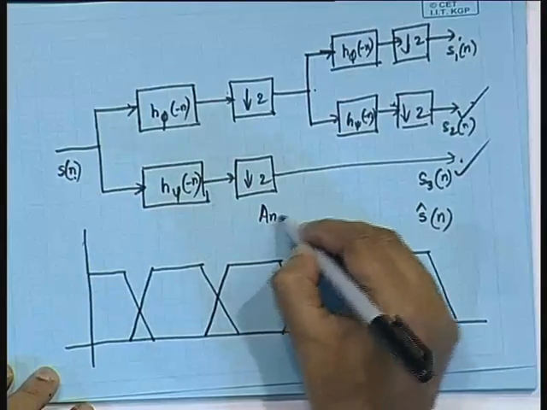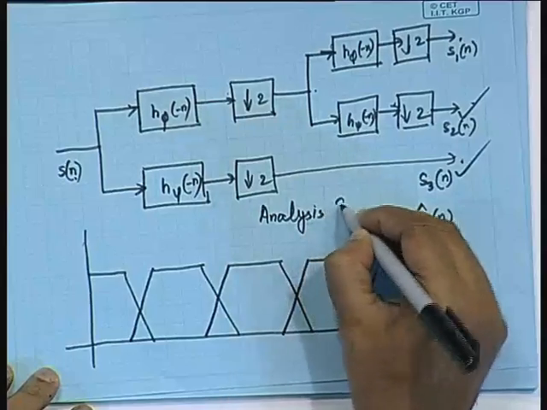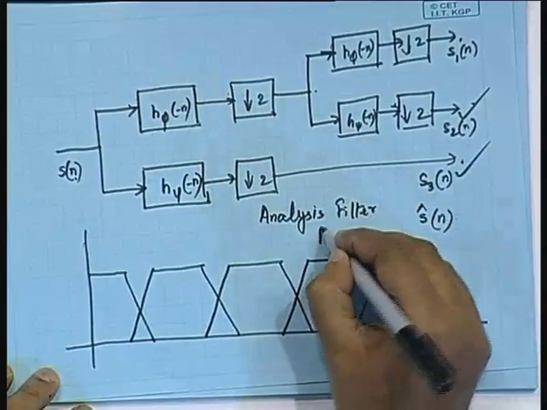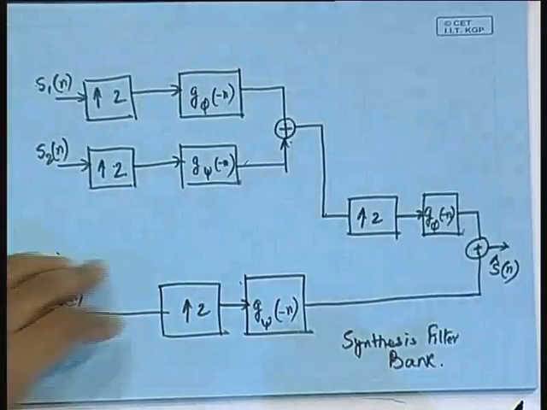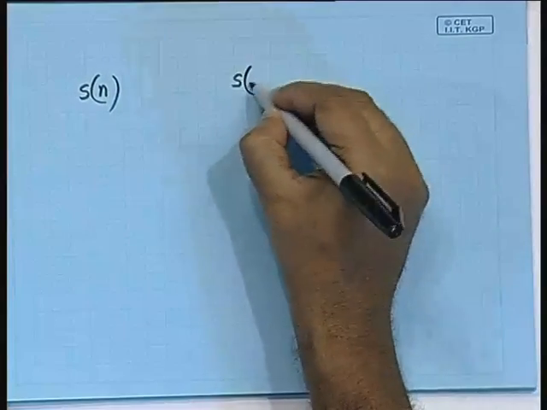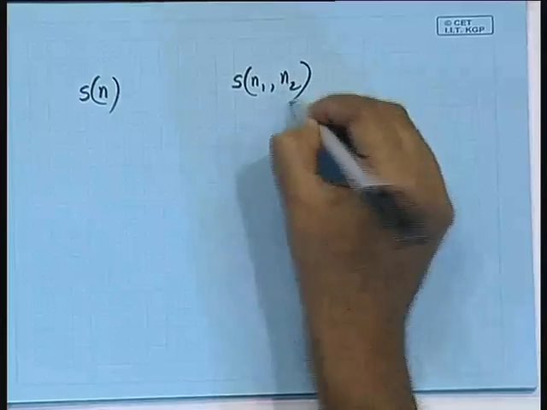And this is the analysis filter bank. Now, in the case of images, we have to apply the wavelet transforms in both directions, because then our signal will not be represented as S of n, but rather as S of n1 comma n2.